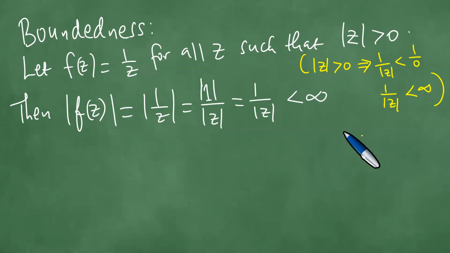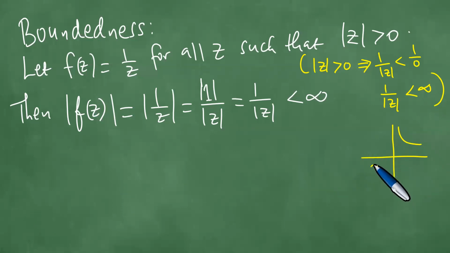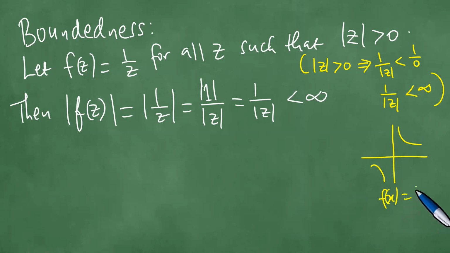If you look at the graph, the rectangular hyperbola, a simple function like f of x being 1 over x with x positive, as we get closer to the origin the 1 over x function approaches infinity.